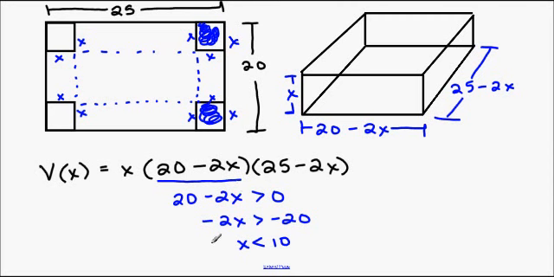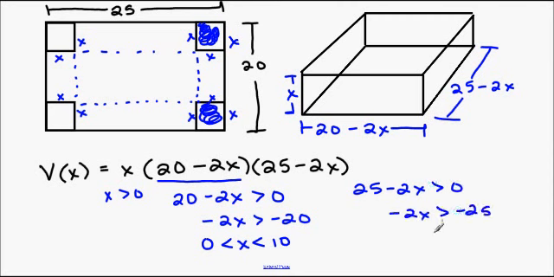But from this, I know that x must be greater than 0, because here x has to be greater than 0. If I were to solve this one out, I get x is less than 12.5, but this is already covered by saying x is less than 10. So really this is extraneous, we don't need that. So I'm going to graph, and this will be my window for my x values.